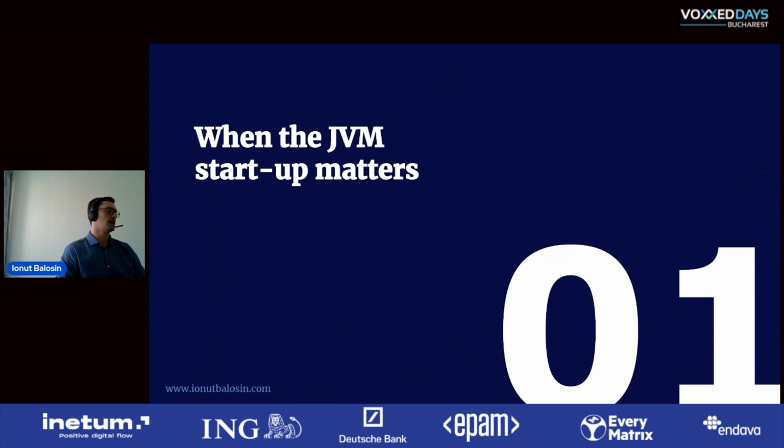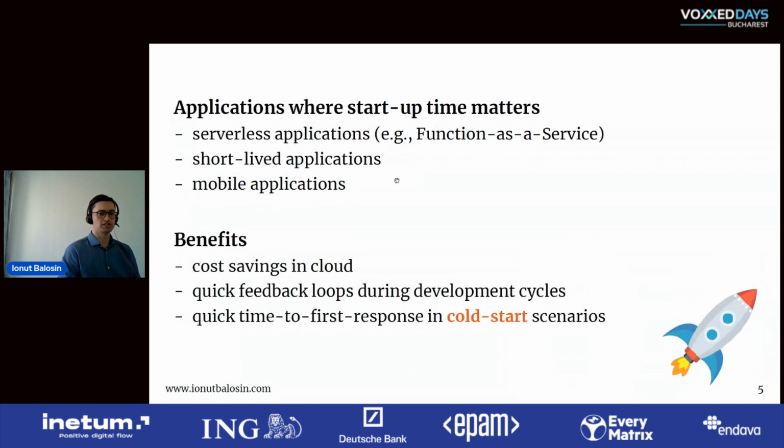Let's quickly start and see when this JVM startup matters, right? For which kind of applications? Usually, this matters in particular when you have short-lived applications. For example, you have an application which does one thing and stops.